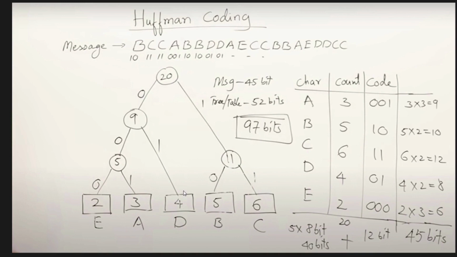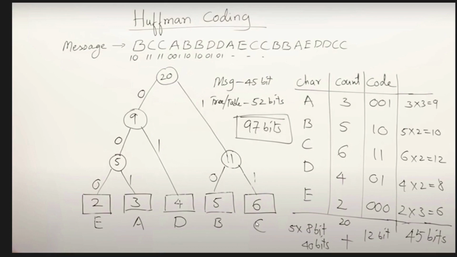Now, for A, I have a separate 3-bit code: 0, 0, 1. For E, a 3-bit code: 0, 0, 0. For D, a 2-bit code: 0, 1. For B, a 2-bit code: 1, 0.